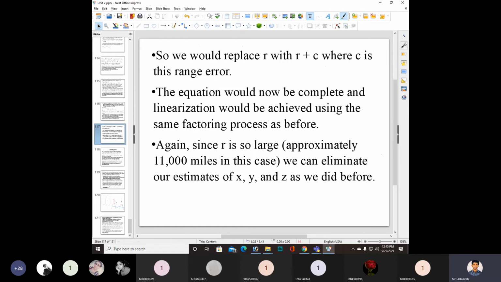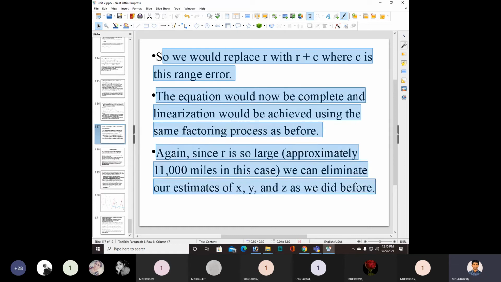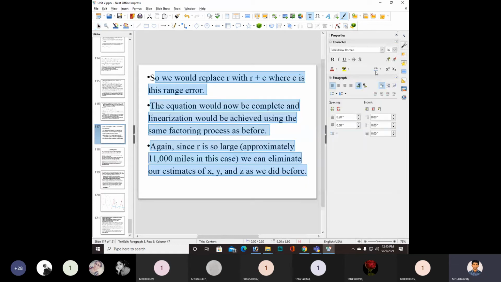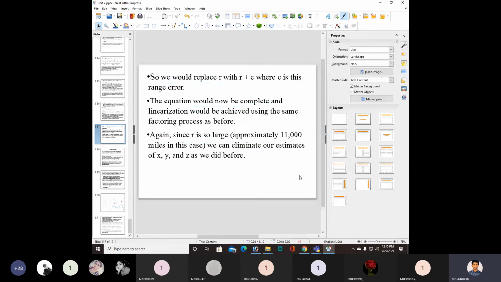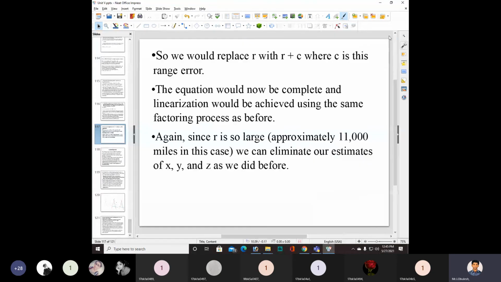So we would replace R with R plus C, where C is the range error.